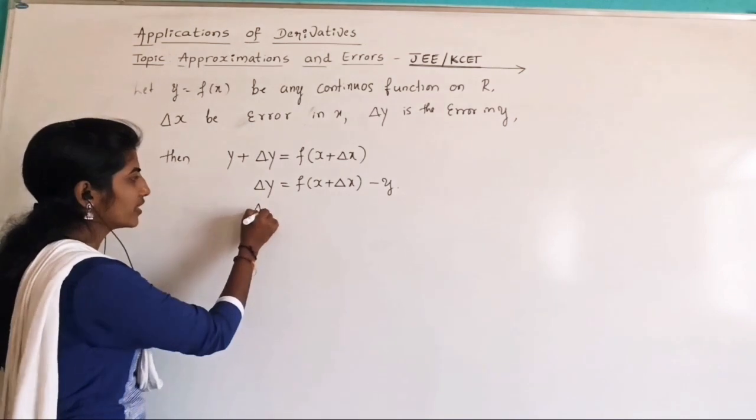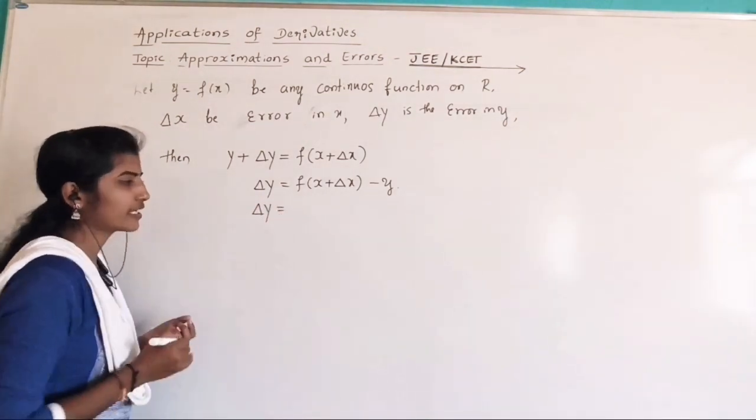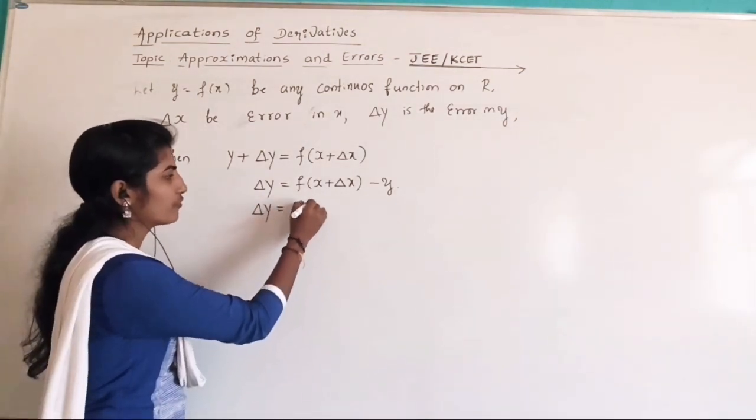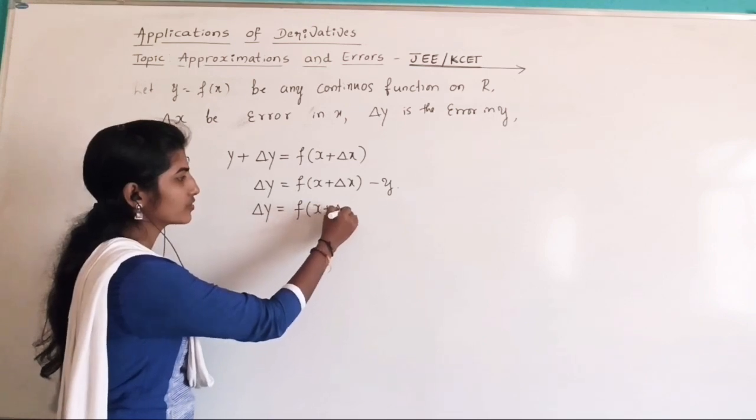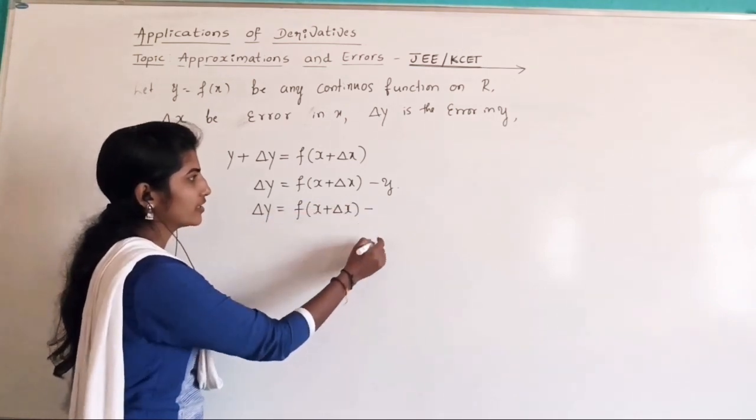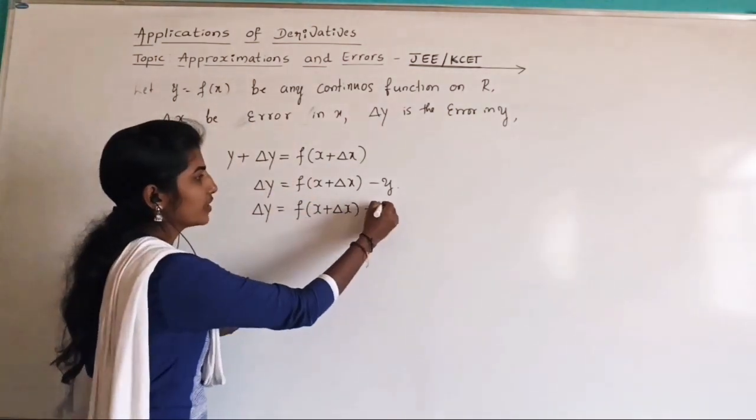Of course, after that delta y can be given by f of x plus delta x minus y value, which is f of x.